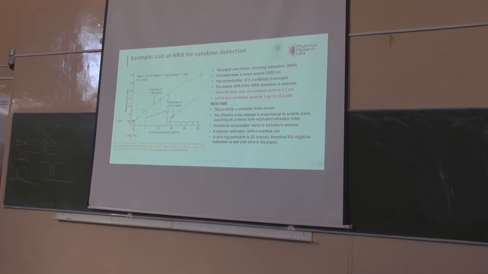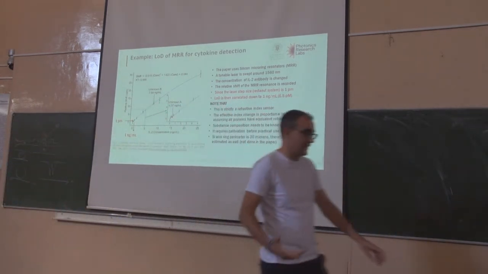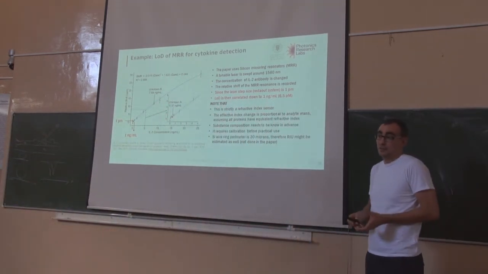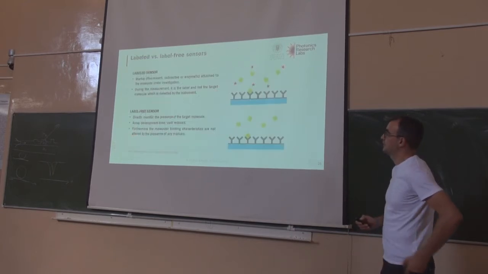Okay? The important thing here is chemistry. How you activate your sensor to only capture what you want. Okay? That is important. So photonics here is accessory. Okay? It's a means to do something, but the main thing is chemistry.